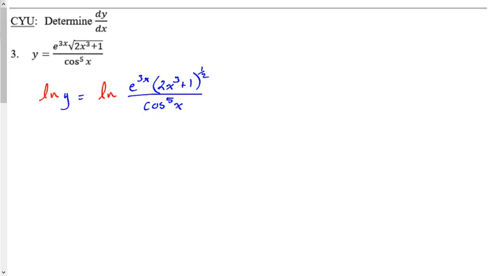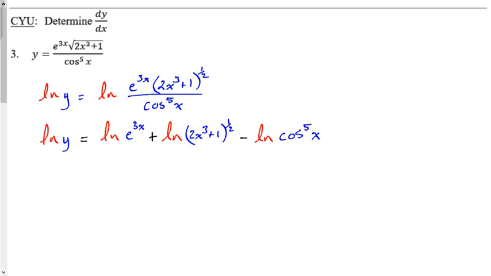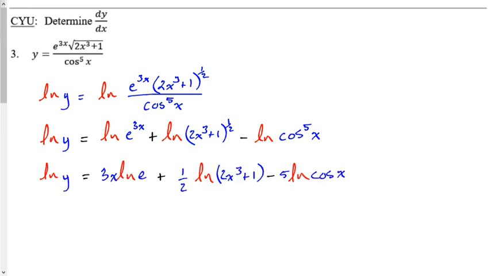We start by taking the natural logarithm of both sides. Next, we use the law of logarithms to separate this complex expression into a sum and difference of logarithms. And then we can use that third law of logarithms that lets us take exponents inside the logarithm and write them as multiplication in front of the logarithm.